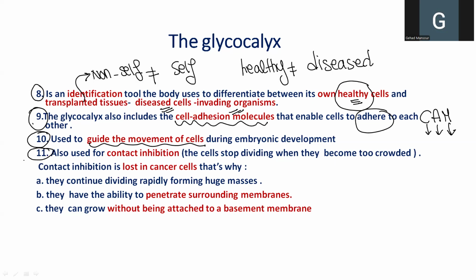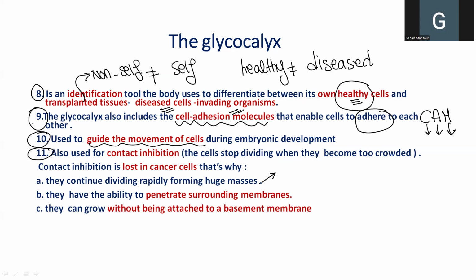And this explains why cancer cells, although they divide very rapidly and can therefore very soon form a very crowded mass of cells, yet continue cell division because they lose this important property of healthy cells, which is contact inhibition. So cancer cells continue dividing rapidly, forming huge masses of cells and not stopping.